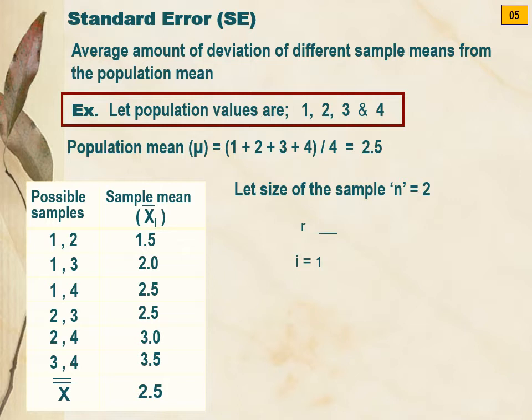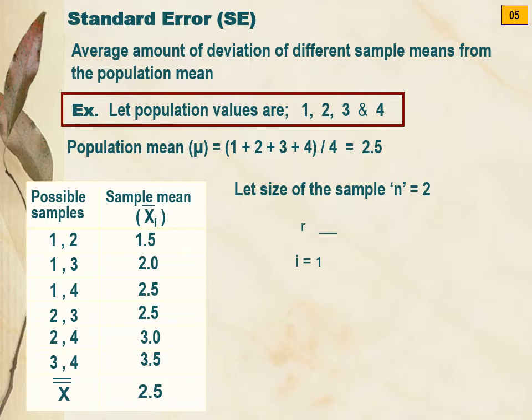If you get the mean of all the means x bar, sometimes denoted by x double bar, it will be exactly the same as the population mean 2.5, the same as the parameter. That is, if you get all possible sample means of the same size from that population and take the average of all those means, it will be the same as the population mean.